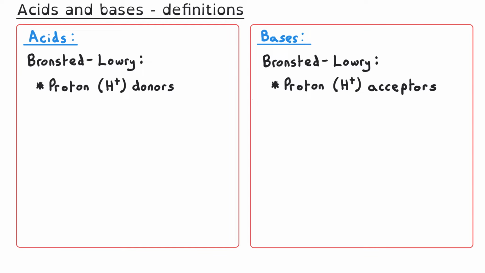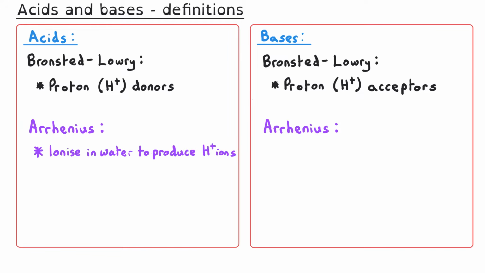And then Arrhenius acids are defined as acids that ionize when you put them into water, and that means that they dissociate and they produce hydrogen ions and something else. And bases will dissociate in water to produce hydroxide ions.